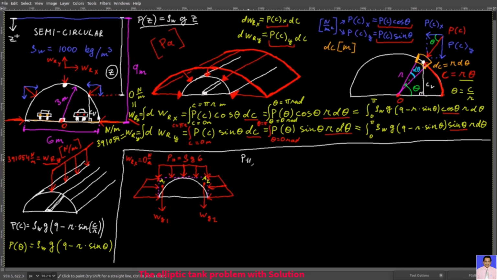First of all, pH times 6, that's rho g 6 times 6. You have this 6 here because that's the depth of this uniform horizontal pressure distribution. And then this 6 here, that's the diameter of the semicircle. So you have 1000 times g times 6 squared. That's 36,000 g newtons over meter.